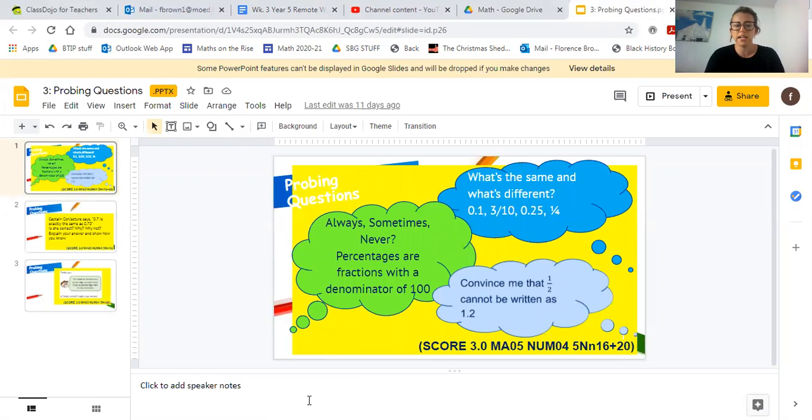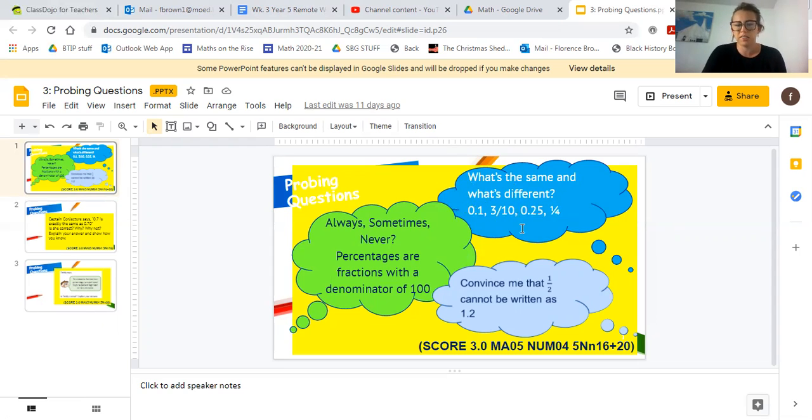So there are 3 on here, and we've seen some of these before. So we've seen what's the same, what's different. So you're looking at these decimals and fractions, and you're comparing them. So you can compare them as they are now, and you can also convert them into their matching fractions or percents and compare them using a place value chart or diagrams.